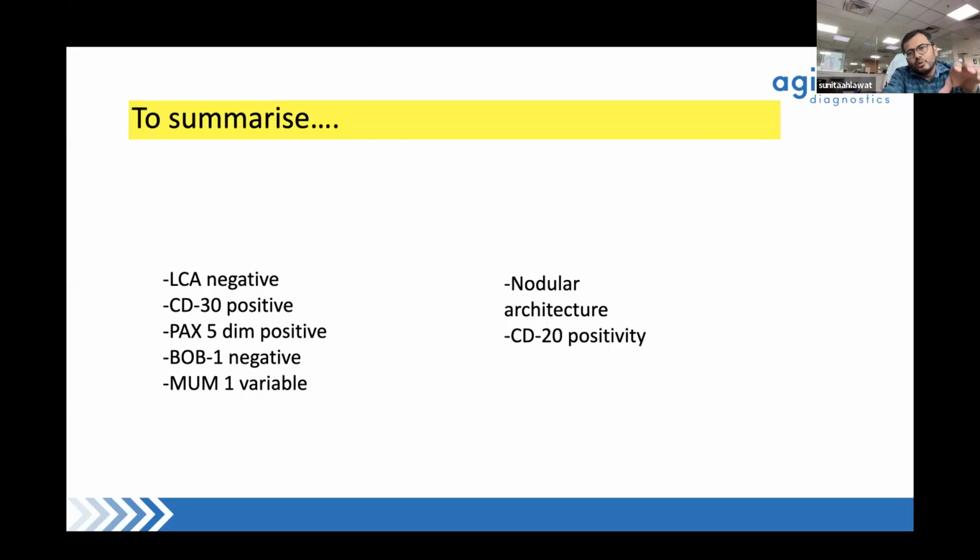So we won't see the B cell phenotype in classical Hodgkin lymphoma, which is retained most of the time in NLPHL. So here we can see PAX5 dim, BOB1 negative, MUM1 variable, and for CD30, the literature shows that some 5 to 19% of cases of NLPHL can also show CD30 positivity, but in NLPHL the large cells will be LCA positive, whereas here the cells are LCA negative.